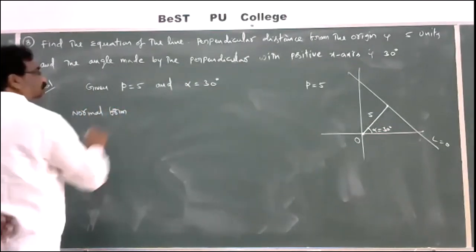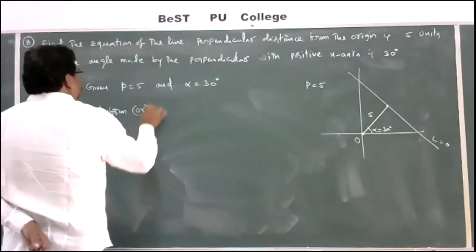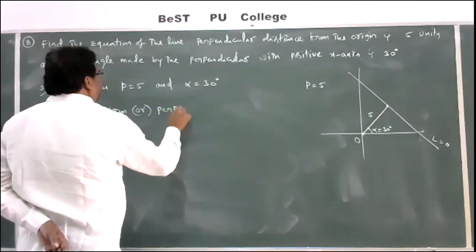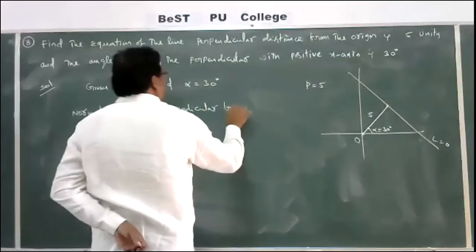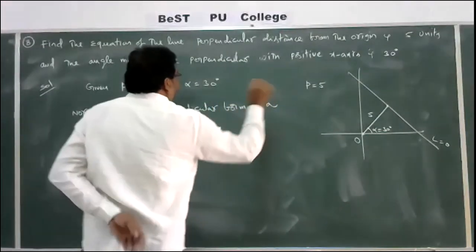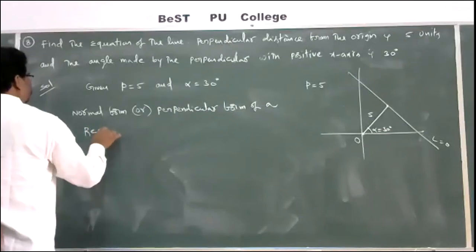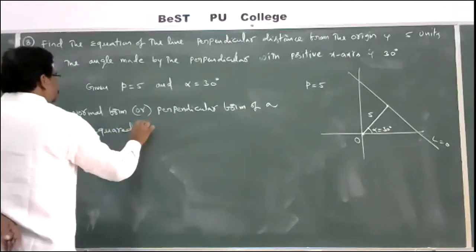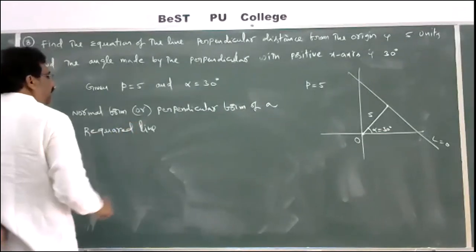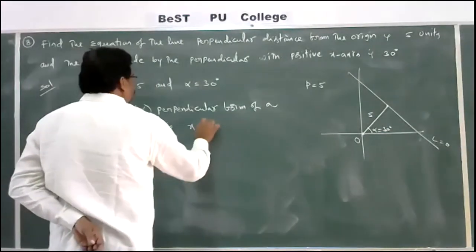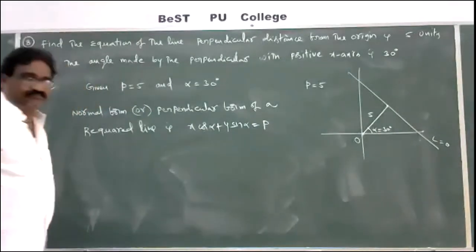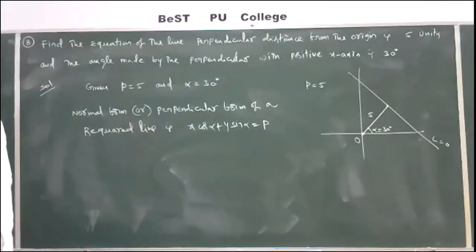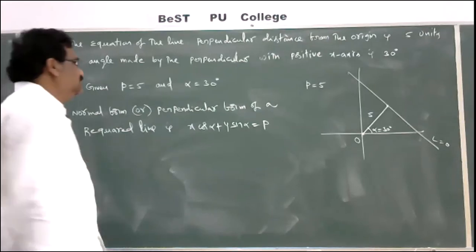The normal form or perpendicular form of the required line is x cos alpha plus y sin alpha is equal to P. You remember the theorem, yesterday we discussed it.